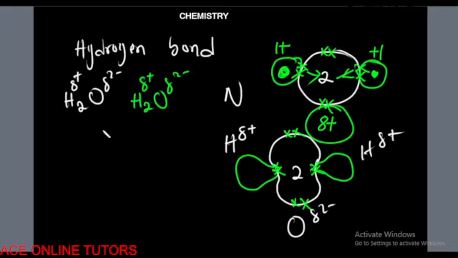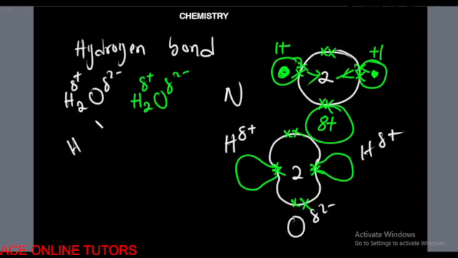So if we have a water molecule, let's say H2O, and it's trying to come close to this one, it won't come close in this manner, because this one has a partial negative charge, so it will repel this one.